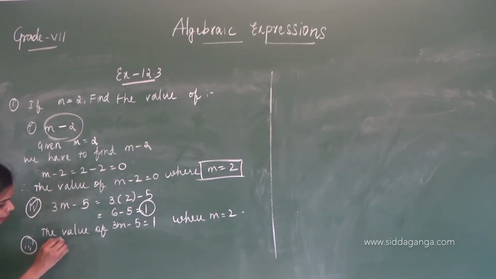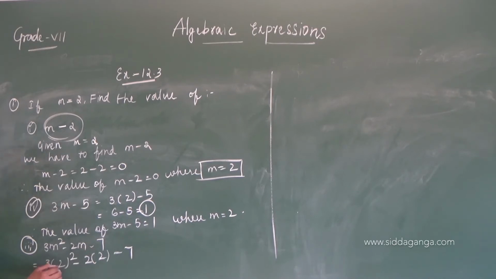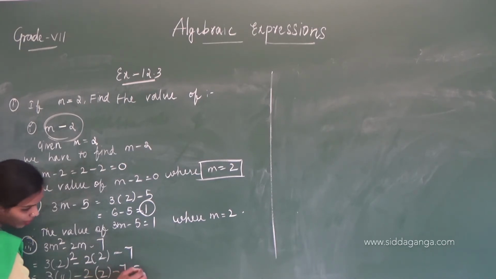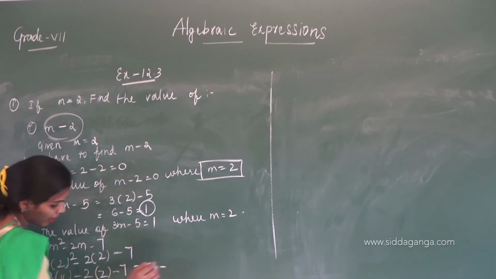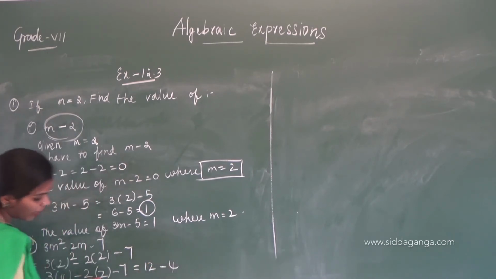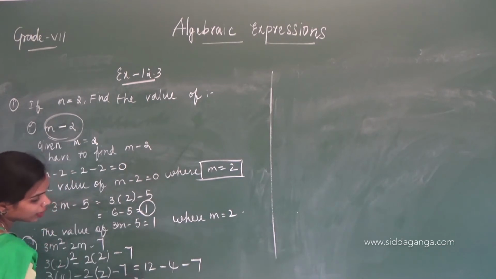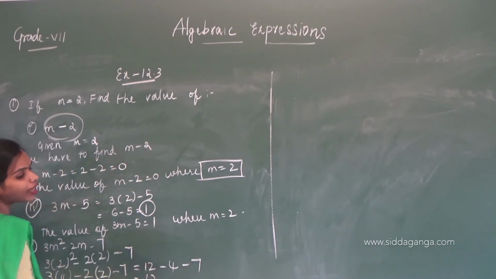3m square minus 2m minus 7. Here also you have to write all the steps; I will just do the calculation. 3 into 2 whole square minus 2 into 2 minus 7. 2 square means 4. 3 into 4 is 12, minus 2 into 2 is 4, minus 7. 12 minus 4 minus 7.